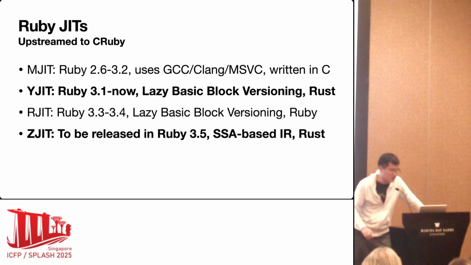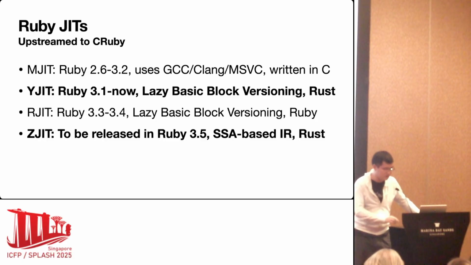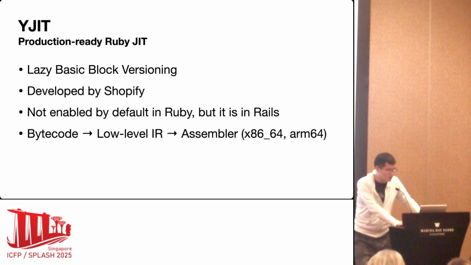So we came up with another design that allows you to do cross-instruction optimizations, which has an SSA-based IR that was not available in YJIT. YJIT was one pass from bytecode to the low-level IR, but ZJIT goes from bytecode to a high-level IR, which does the language-specific optimizations, and then a low-level IR that is the backend.